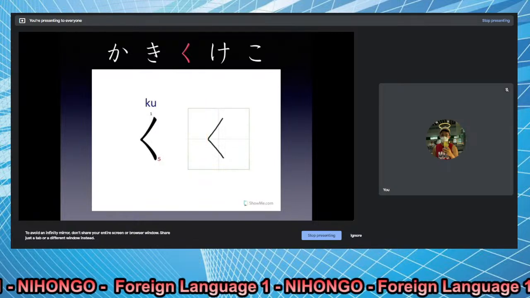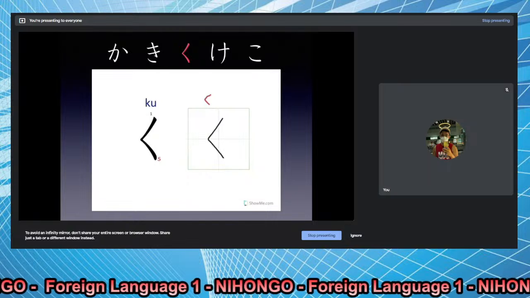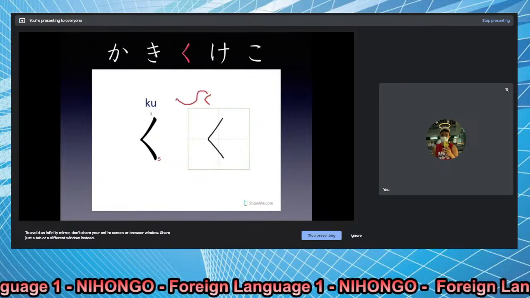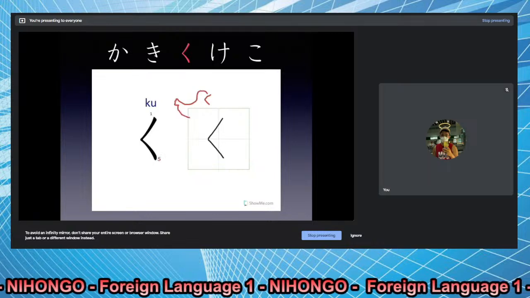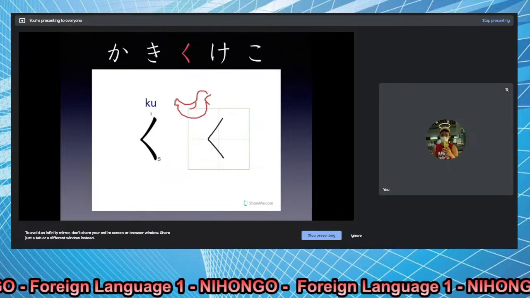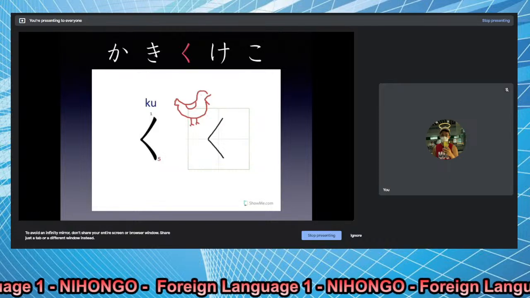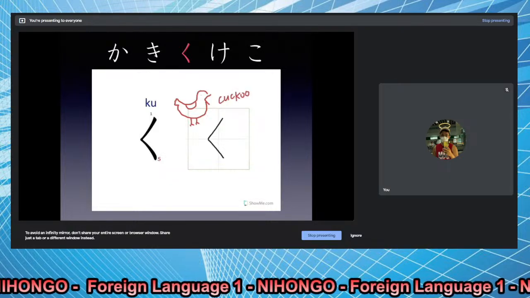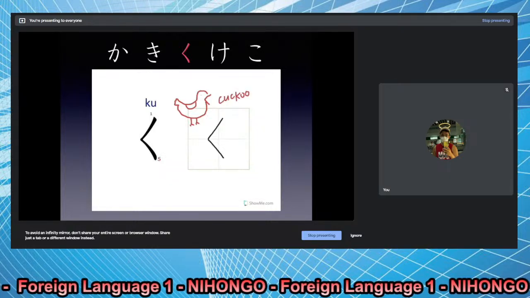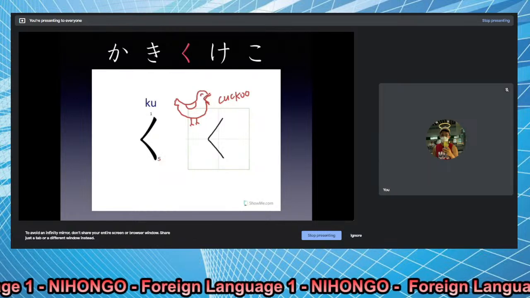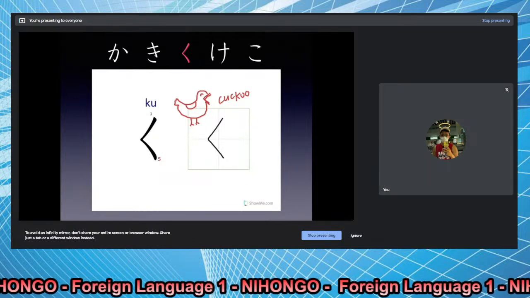Some people say the shape of ku looks like the beak of a bird. Obviously, I'm not very good at drawing, but hopefully this helps you to remember this letter. Ku for cuckoo bird. Let's make him smile. Yeah, that's better. So this is ku.